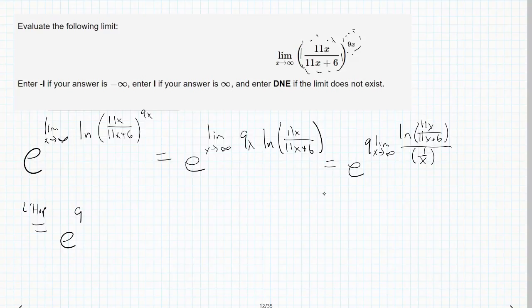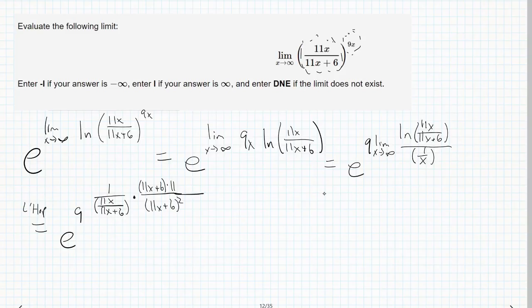So this becomes e to the 9. And now with L'Hopital's rule, I'm not claiming it's going to be pretty, but you get 1 over 11x over 11x plus 6. And then we're going to have to use the quotient rule to take the derivative of this thing. So that becomes 11x plus 6, because it's chain rule is what's happening here. 11x plus 6 squared times 11x plus 6 times 11.